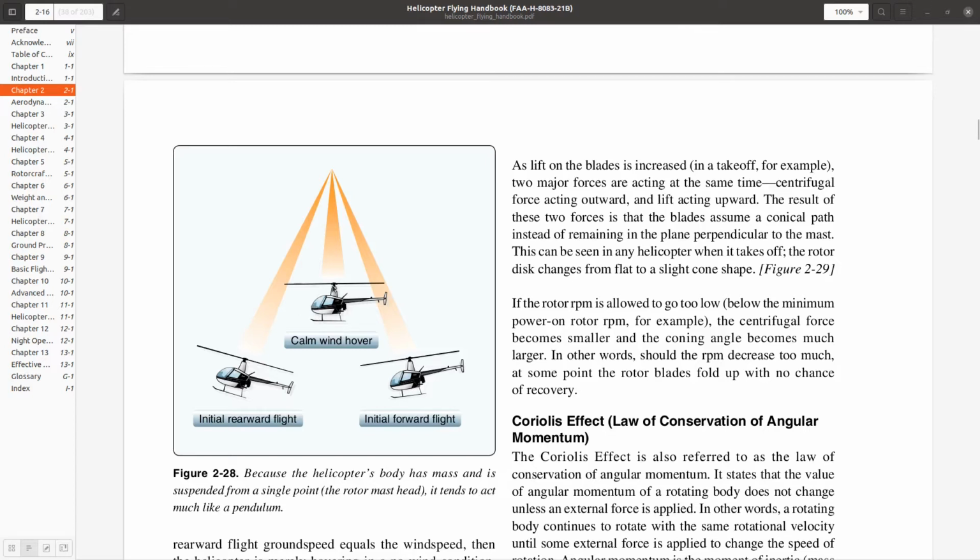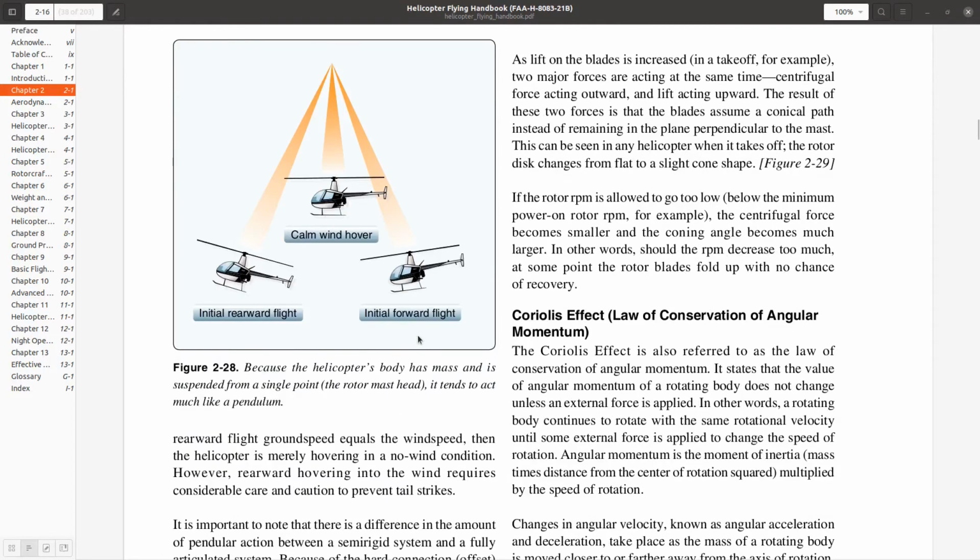So essentially, this helicopter pivots around this point here at the top of the mast. And what do you call it when you have a pivot point and then you have some weight below it? That's a pendulum. So if you get too crazy on the controls, you can get into a place where this thing is oscillating back and forth. And this is an effect that you can notice.